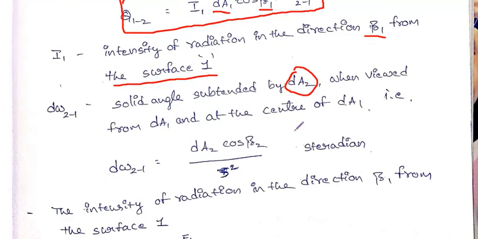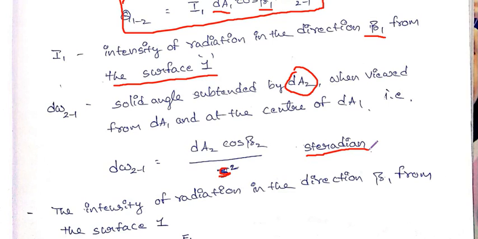So the solid angle is dA2 cos beta 2 by S square. The solid angle is expressed in terms of steradian.